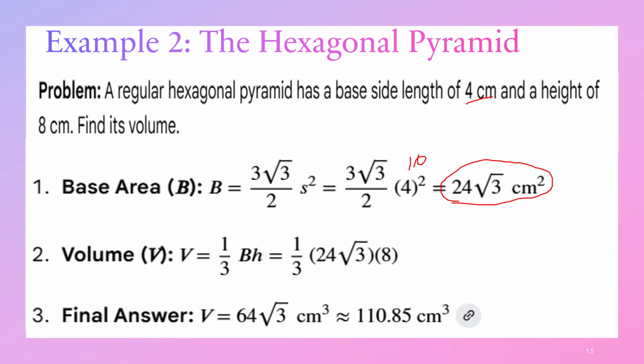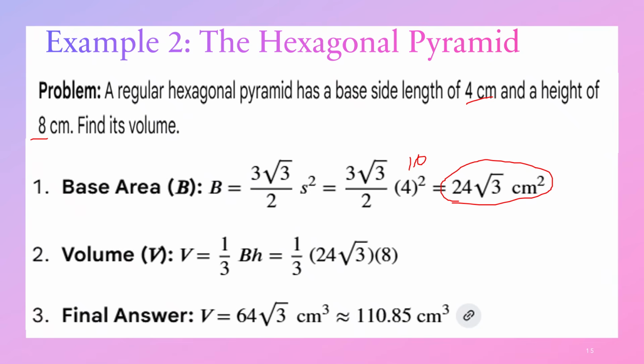Then find the volume. From the volume formula, which is 1/3 base times height, you have 1/3 times 24 square root of 3 times 8. Where did we get the 8? It's from here, the height.